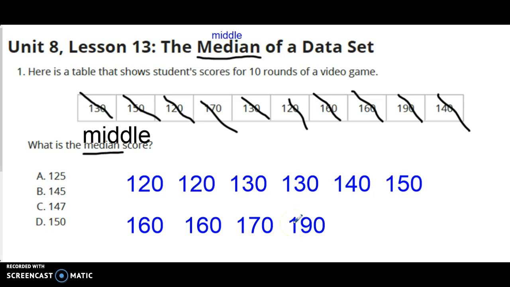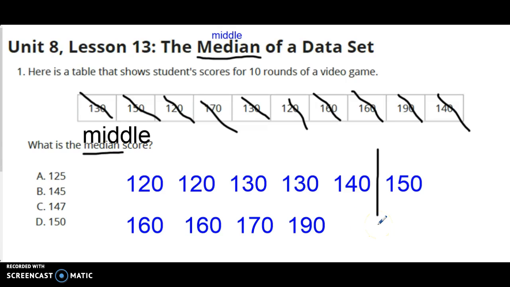Yes, we do. Now, the middle of 10 means that I'm going to count on 5 numbers on each side and split this data set in half. So I go 1, 2, 3, 4, 5, split it in half. 1, 2, 3, 4, 5. I don't have an exact middle value.